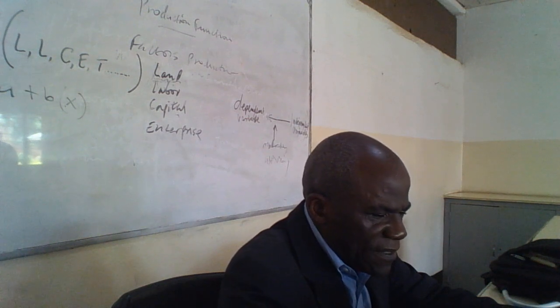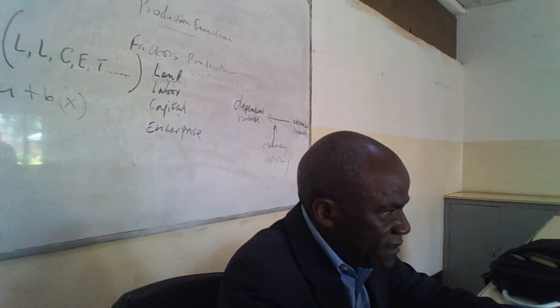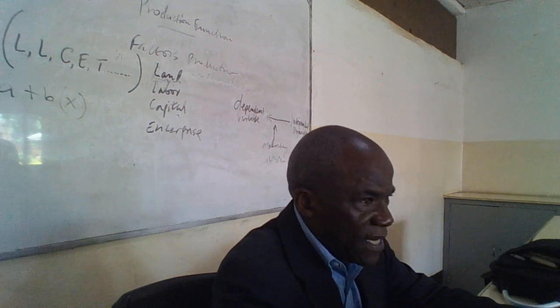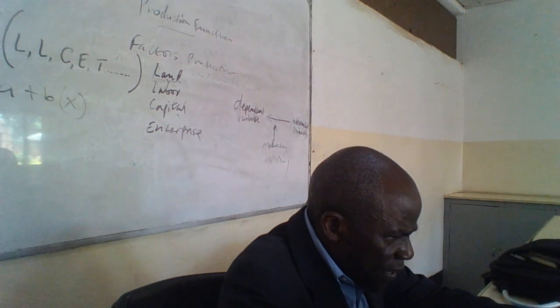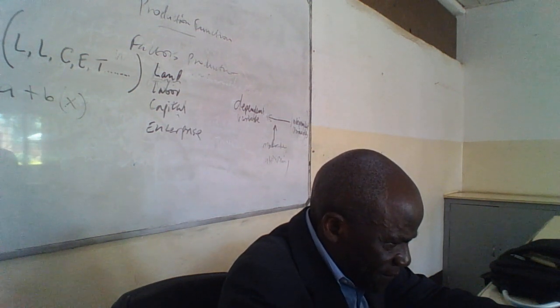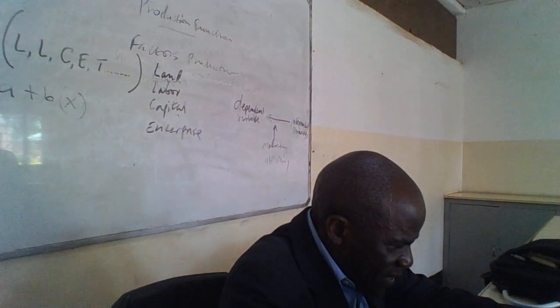Land and capital are fixed, labor being flexible or variable. So it's two inputs and one output, for example, capital and labor.